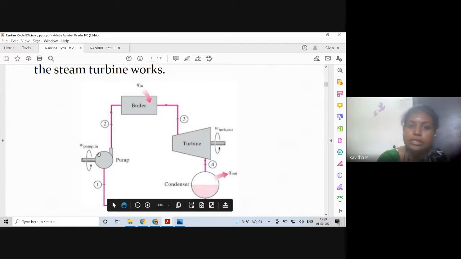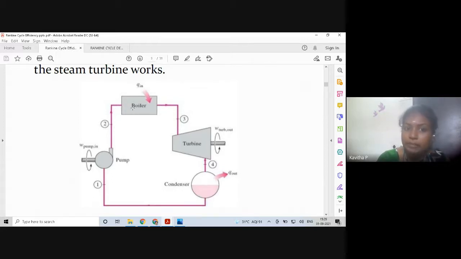Okay, so this is the fundamental working principle of the Rankine cycle. Now to understand it technically, the pump is compressing the water and increasing the pressure to boiler pressure. This process is termed as isentropic compression process, and the boiler is operating at constant pressure condition.